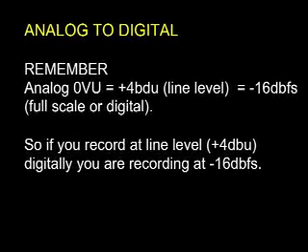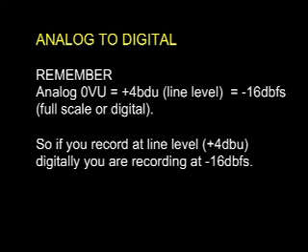This is what you need to really remember. You need to know that 0 on your mixer equals line level, or plus 4 dB. And that is equal in the digital scale to minus 16 dBFS, full scale, that's digital.